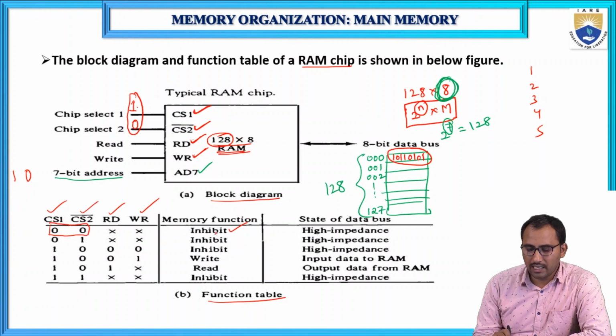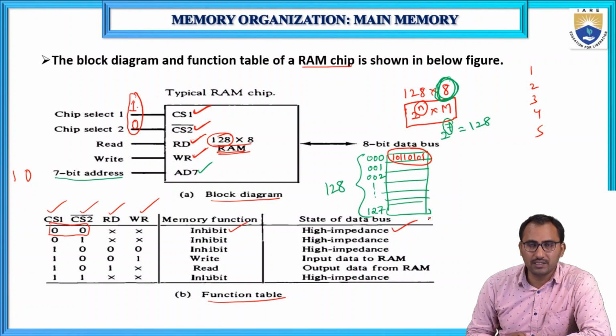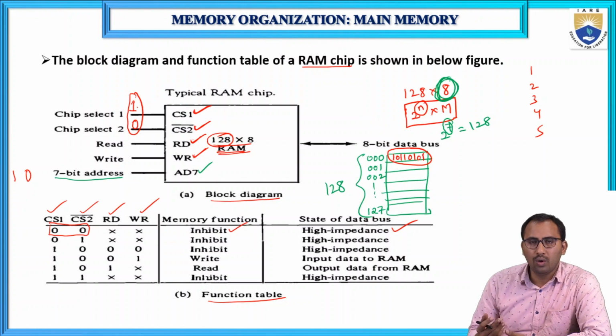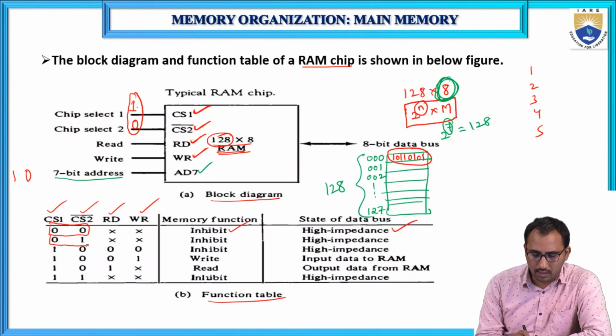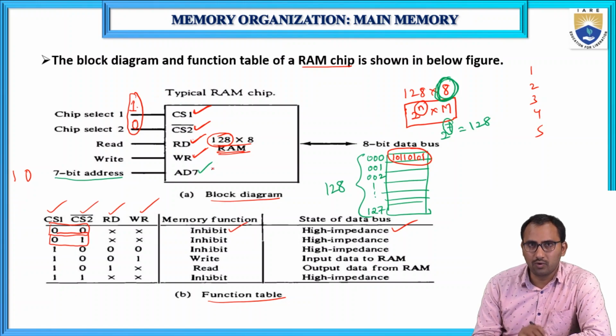When the memory is in inhibit operation, the state of the data bus will be high impedance. High impedance means neither logic low nor logic high, something in between. And the second case 0 1: CS1 0, CS2 bar 1. In this case also the memory chip will not be in active mode.